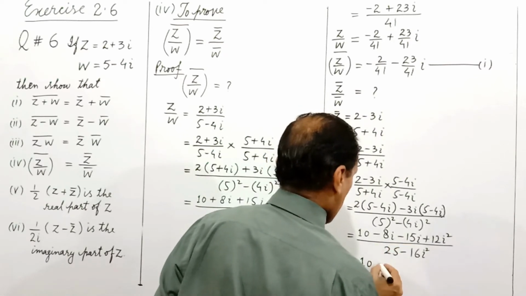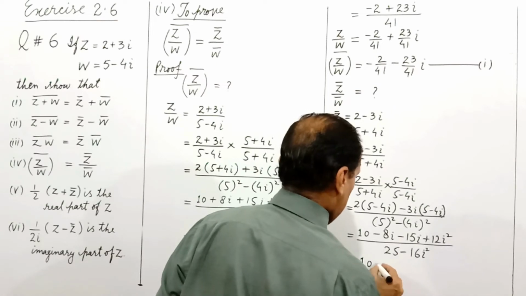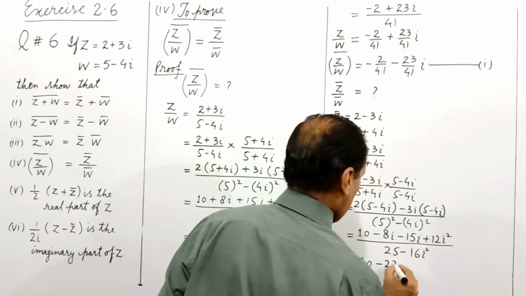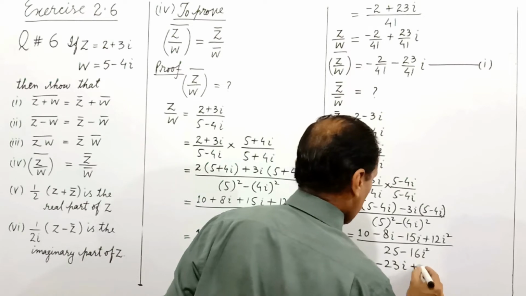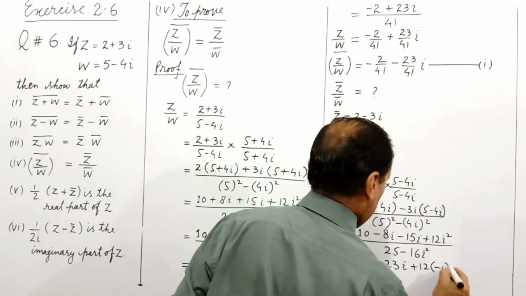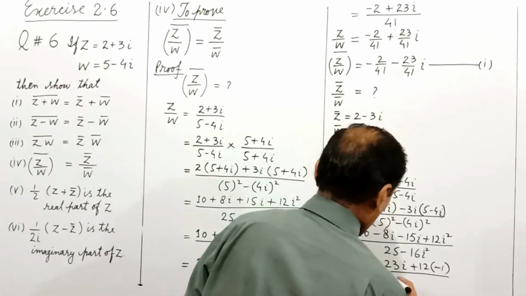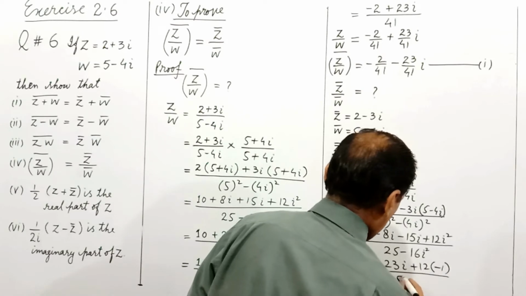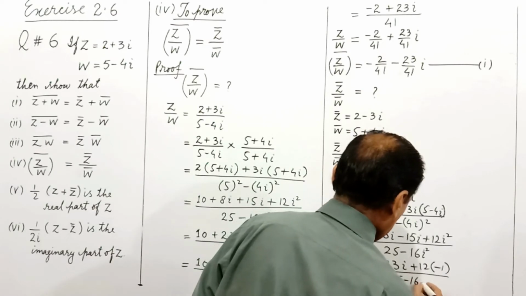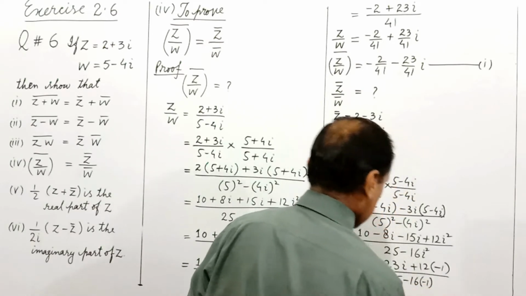Signs are same, we do addition for these like terms. Minus 23 iota plus 12, we put the value of iota square, that is minus 1. We get 25 minus 16, we put the value of iota square, that is minus 1.